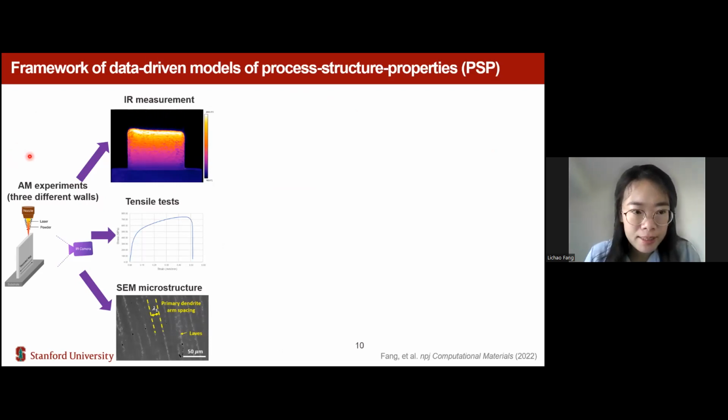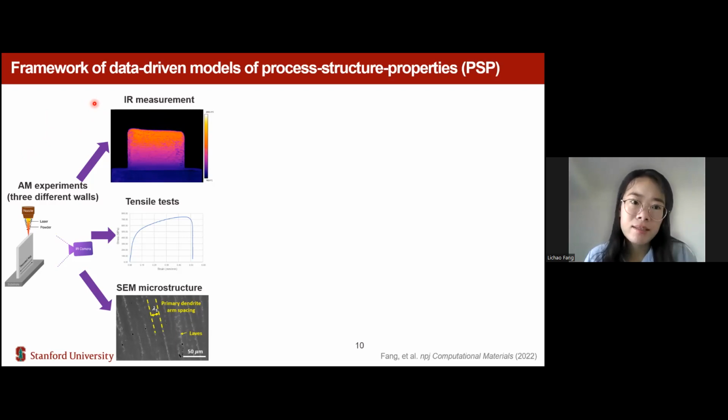First, we did the additive manufacturing experiments, and we varied the domain size and also dwell times, but with the same laser parameters. And we built 3 different cases of thin walls. At the same time, we used an IR camera to measure the intensity.